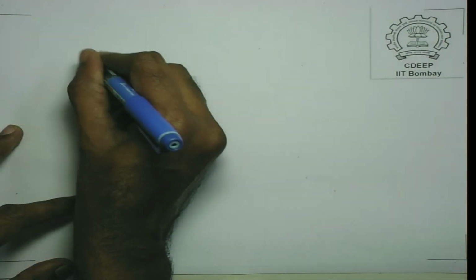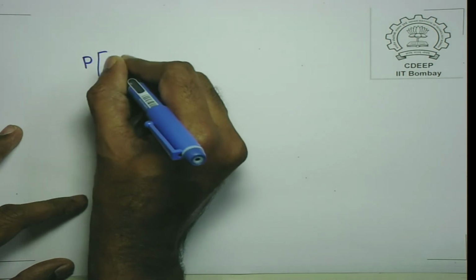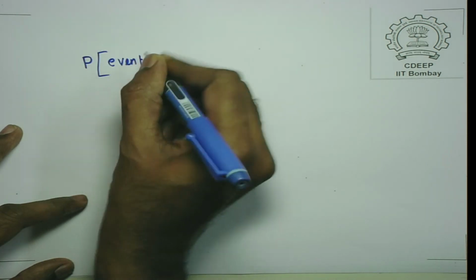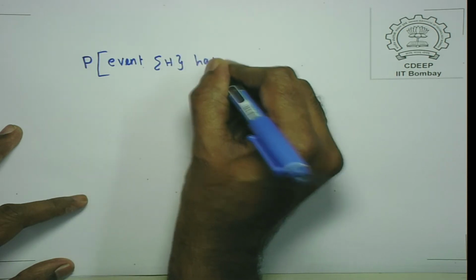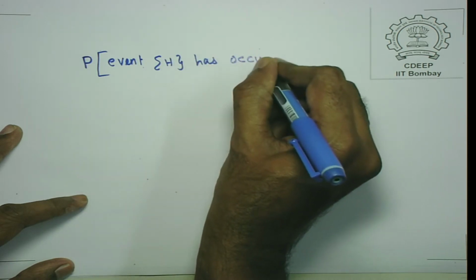For example, we could say we want to describe, let's say, what is the probability that the event H, which is the head, has occurred.